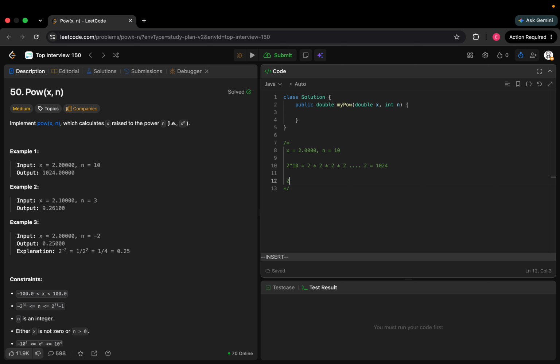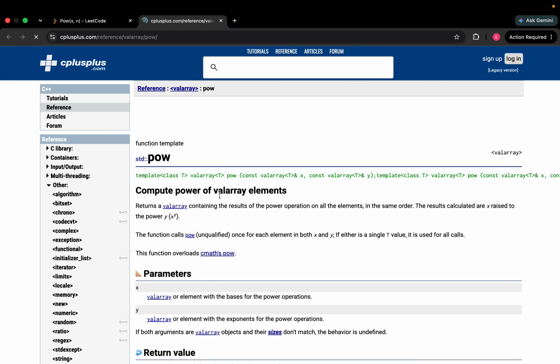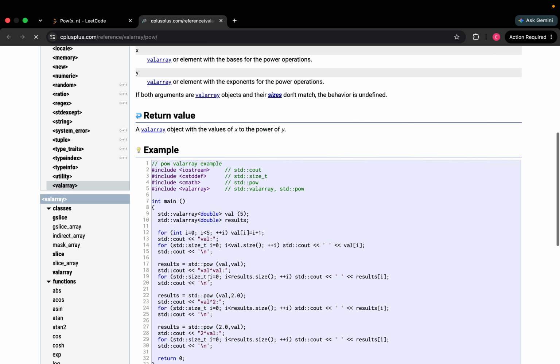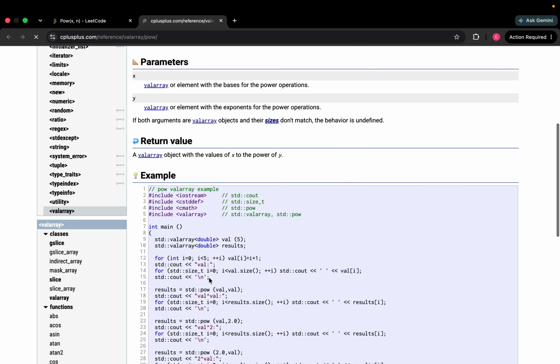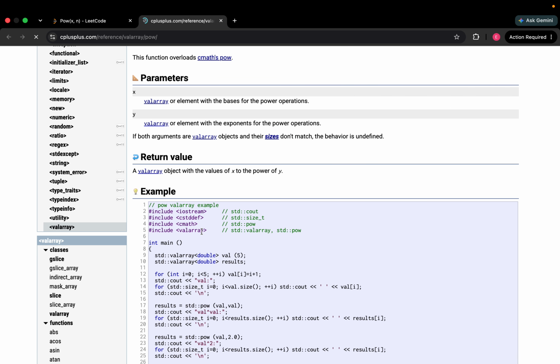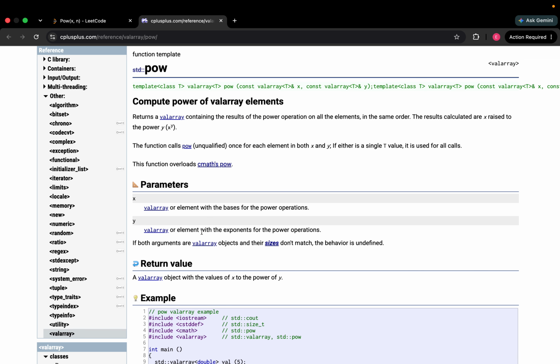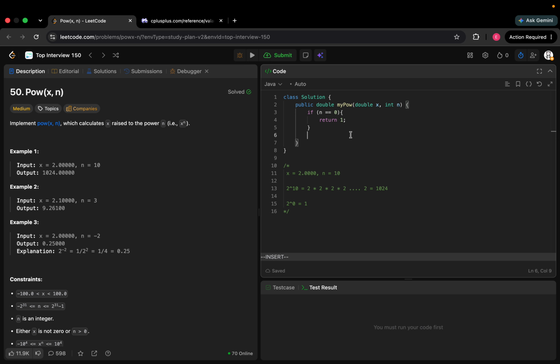If n is equal to 0, we directly return 1. You can see here, okay, so directly equal to 1.